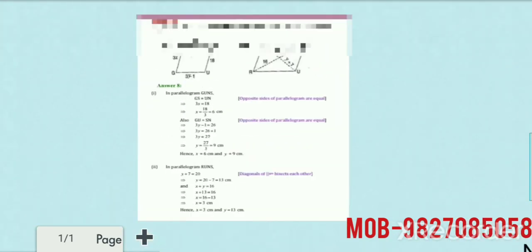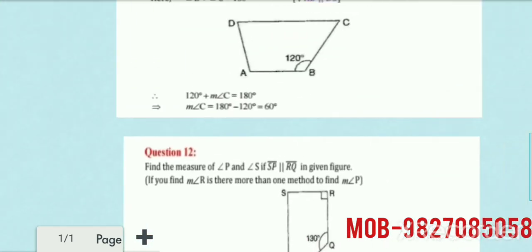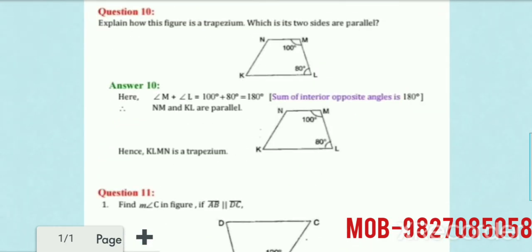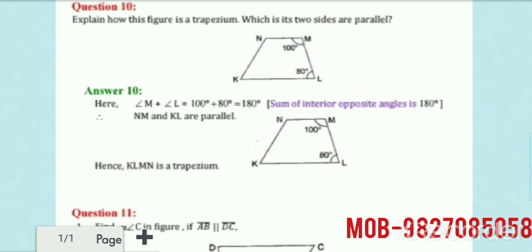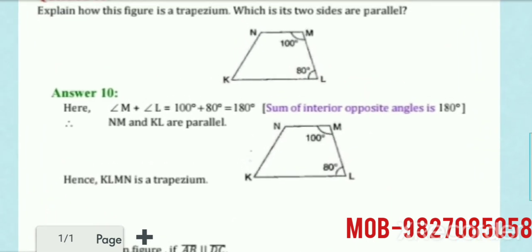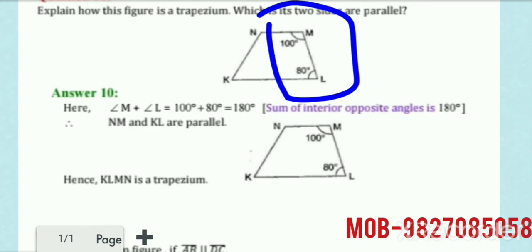Now question number 10 is: explain how this figure is a trapezium in which two sides are parallel. So here we will see M and L. The sum of M and L is 180; the sum of interior opposite angles is 180.